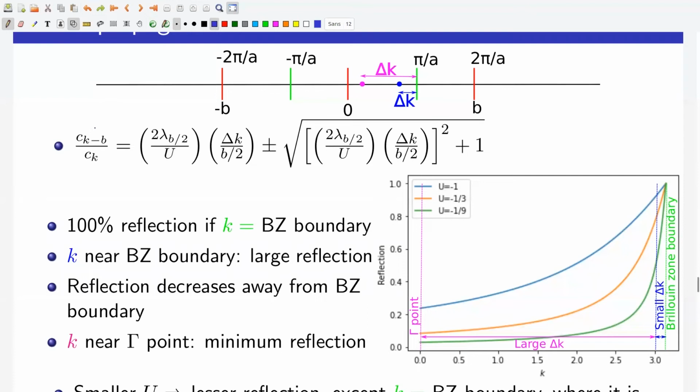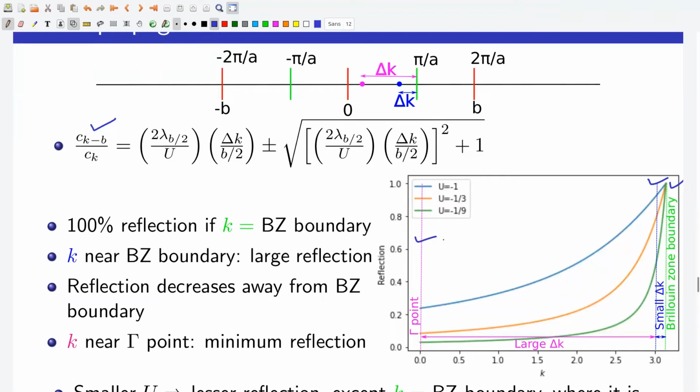Using a Python code, we have plotted the ratio of Ck minus b and Ck. The green dotted line shows the Brillouin zone boundary. The blue dotted line marks the region where K is very close to the Brillouin zone boundary. The purple dotted line shows the location of the gamma point.